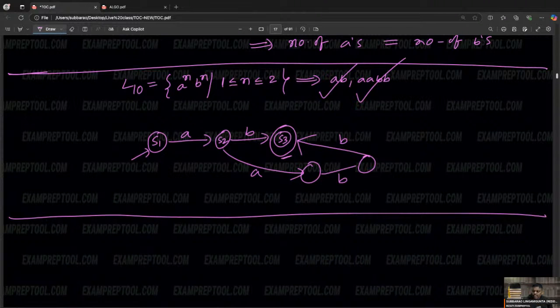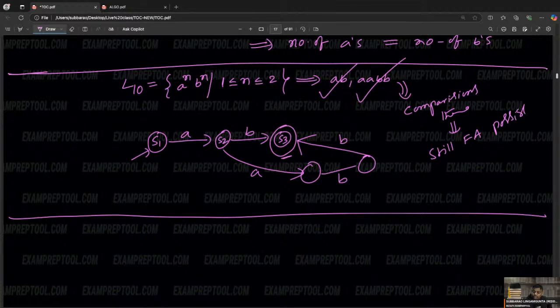So remember, even though comparison is there, finite automata is still possible. Normally, comparison means finite automata cannot.